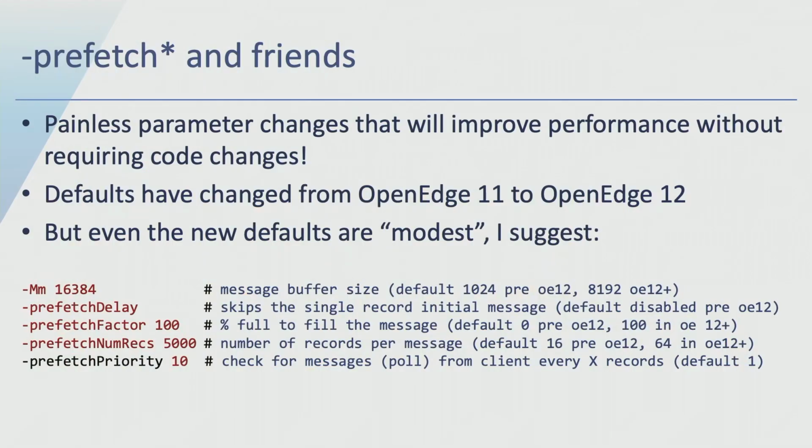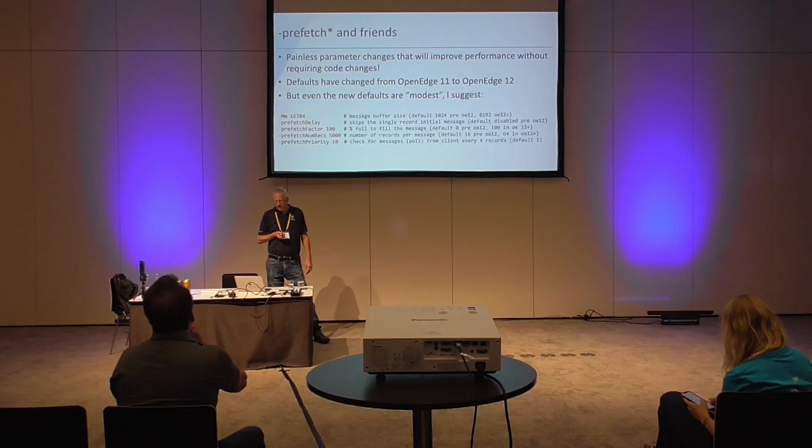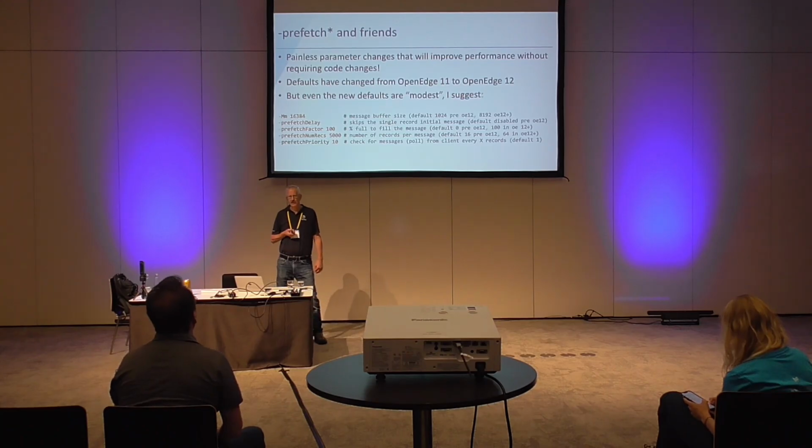So as I already mentioned, you have the prefetch parameters, and the defaults have changed from 11 to 12. If you're still on 10 or 9 or something like that, you don't have these available, so you're just out of luck. And the recommendations, while Progress has increased the defaults, they probably have not increased them enough.